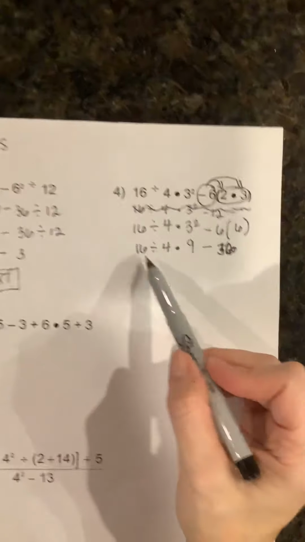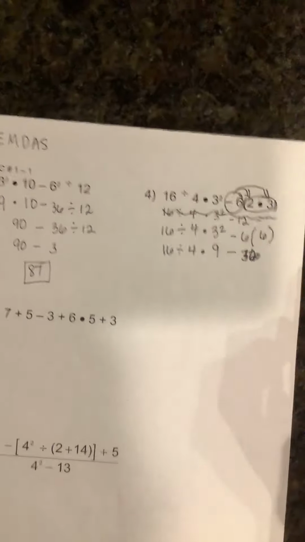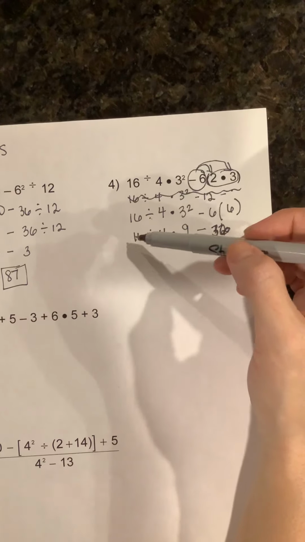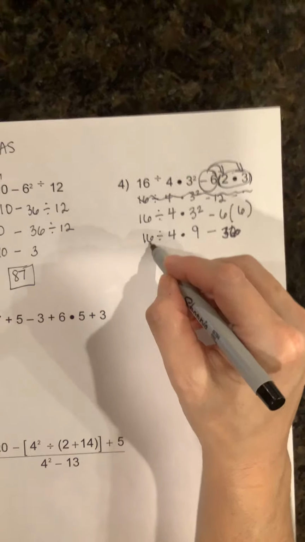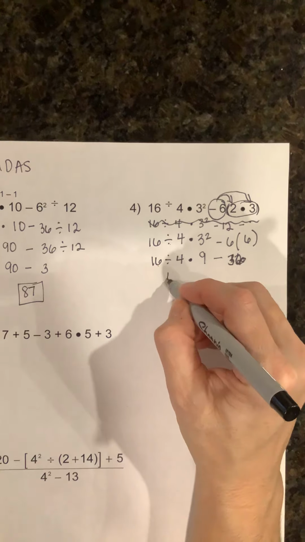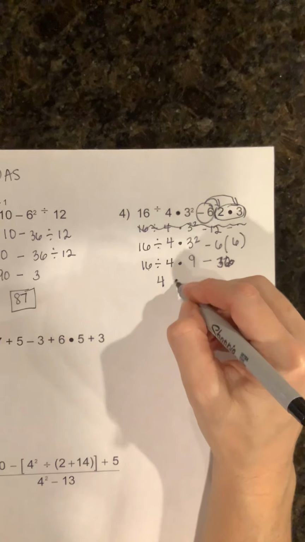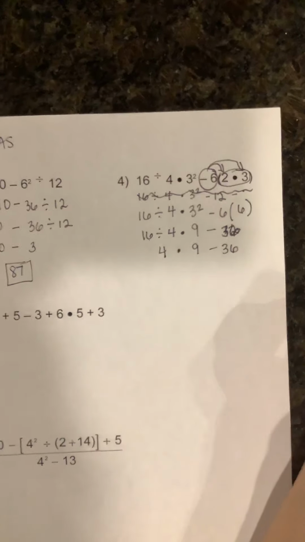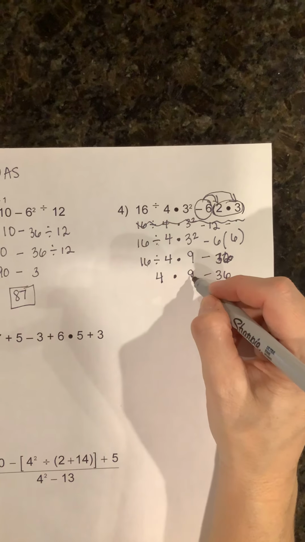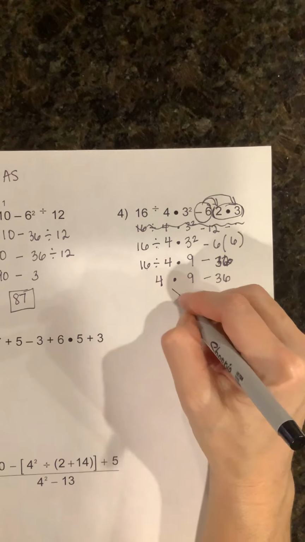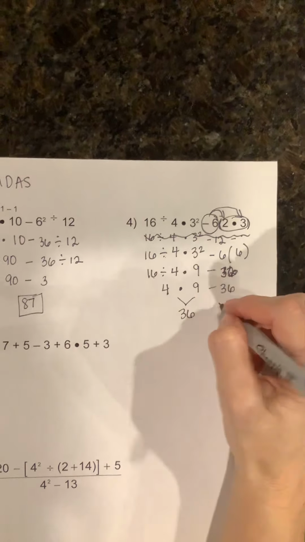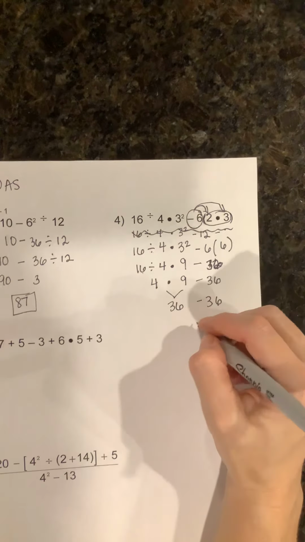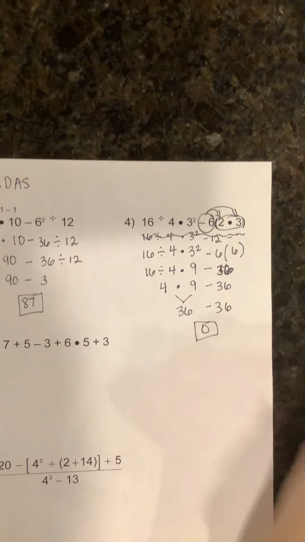All right, so now I'm left with multiplication, division. So I'm going to do what I'm looking left to right. So 16 divided by 4 is going to give me 4. I'll bring down what's left. Okay, now I've got to do multiplication. So 4 times 9 is 36 minus 36, which is going to give us 0.